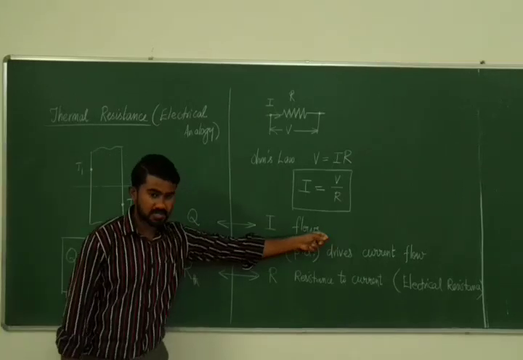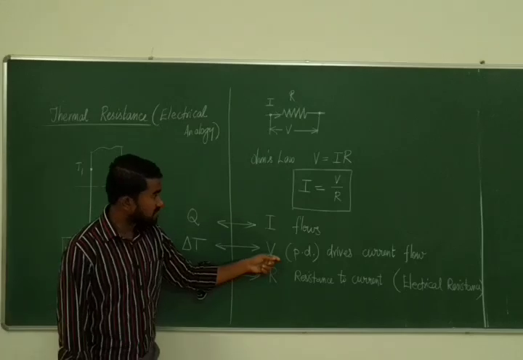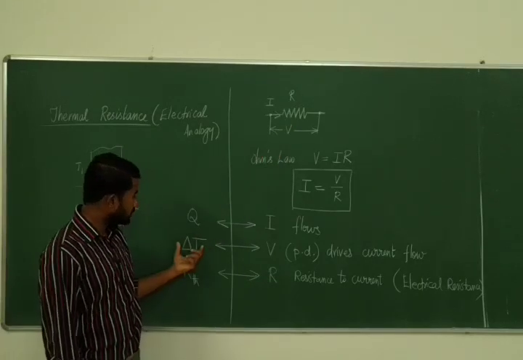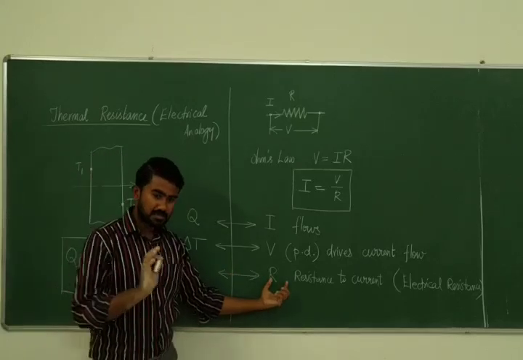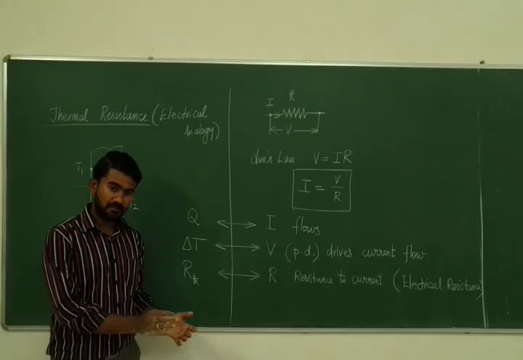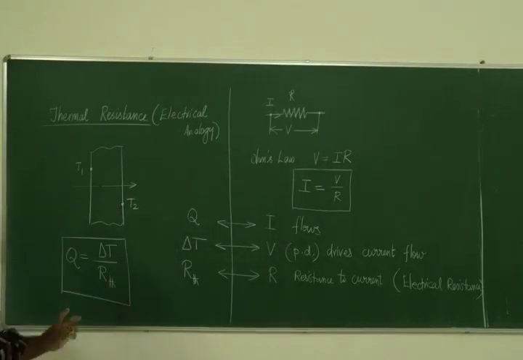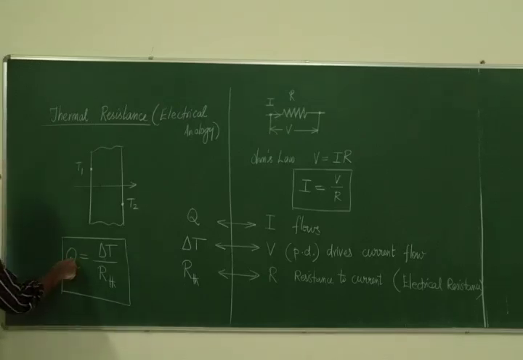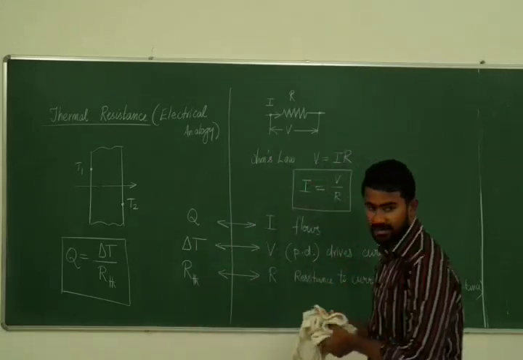Here current flows through the circuit; similarly, heat flows through the wall. The potential difference drives the flow of current; temperature difference drives the flow of heat. The electrical resistance opposes the flow of electric current; the thermal resistance opposes the flow of heat. So like Ohm's law, we write a law for thermal resistance which relates Q, delta T and R thermal, very similar to the relation between I, V and R.